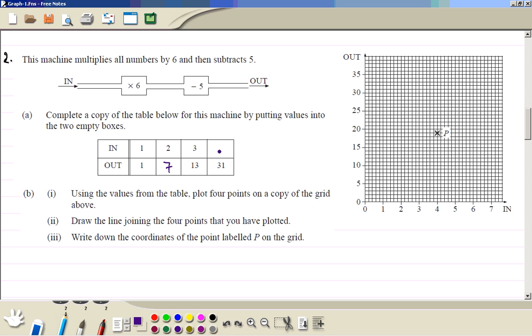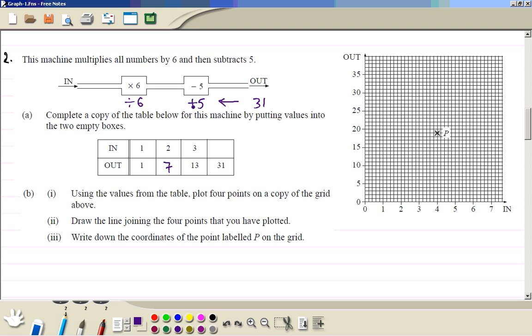Now here we have to multiply something by 6, subtract 5, and we get the answer 31. Or just think the opposite way, starting at 31. Now you have to do everything the opposite way, so plus 5. This gives you 36. Then the opposite of multiplying by 6 is dividing by 6.